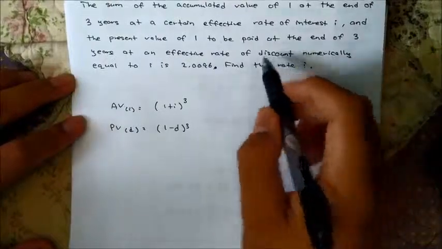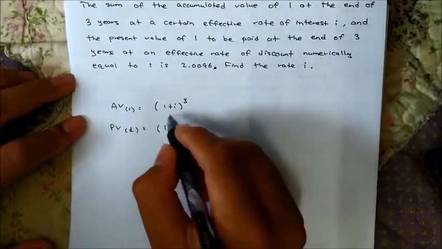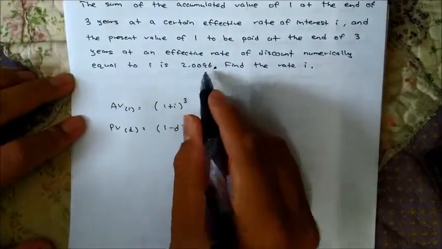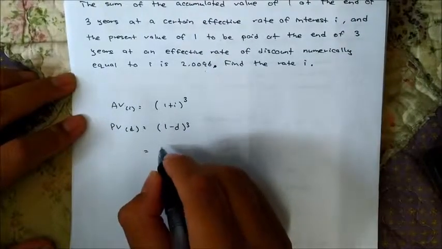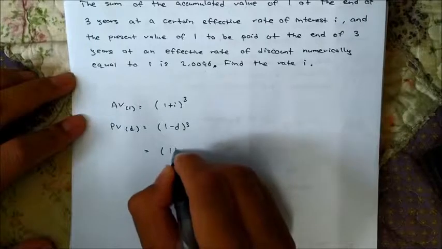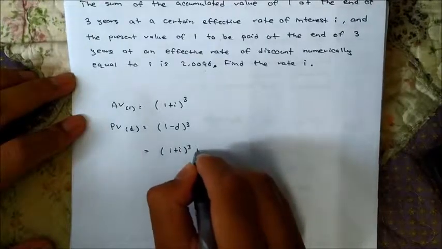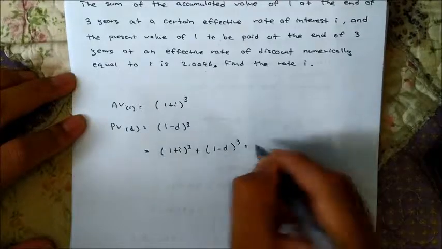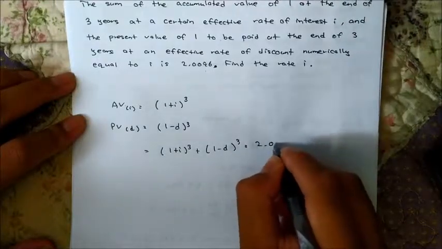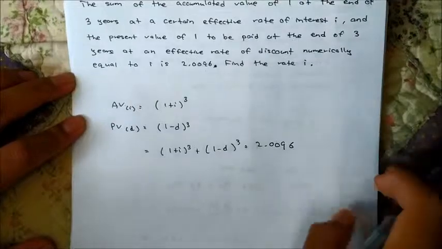Since the question said that the sum of these two is 2.0096, we can create another equation, which is (1 plus i) to the power of 3 plus (1 minus d) to the power of 3 equals 2.0096.